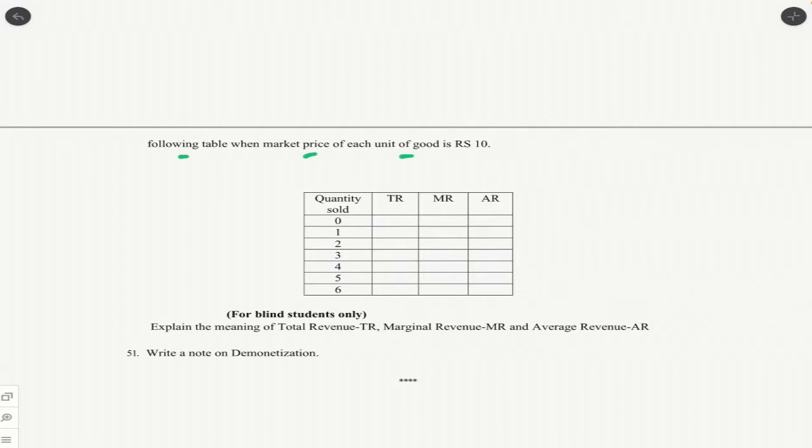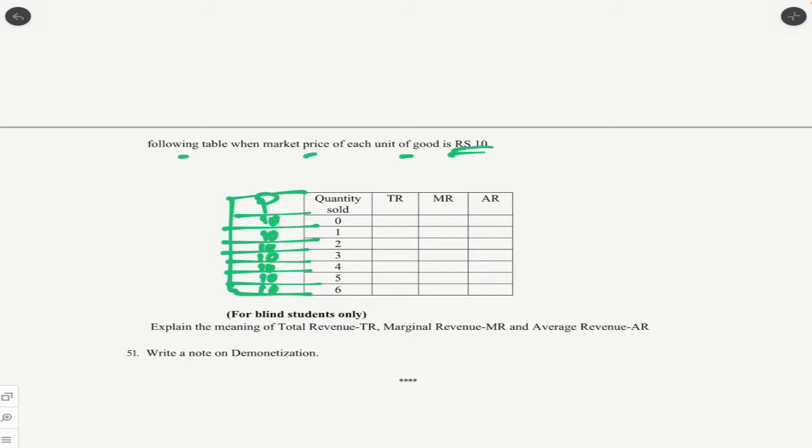So we will add another column. Let us call it price, and let us make these rows as well. Very simple thing to do. So each good is rupees 10. So let us write 10 here, 10 here, 10 here, 10 here, 10 here, 10 here and 10 here.